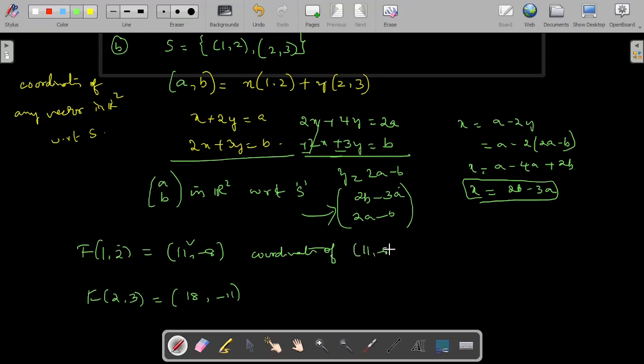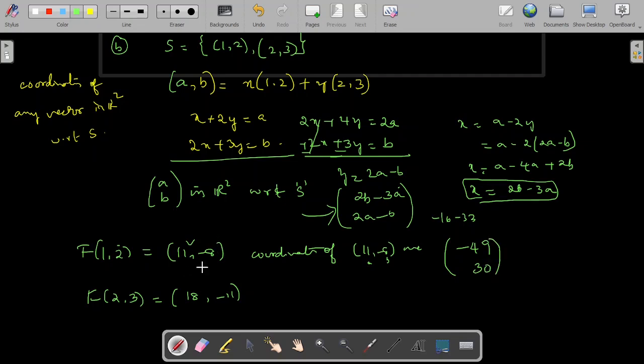So coordinates of (11, -8), how to find that? That is using this expression 2b minus 3a. b is minus 8, a is 11. So minus 16 minus 33, minus 49. Similarly, 2a minus b, that is 22 minus of minus 8, plus 30.